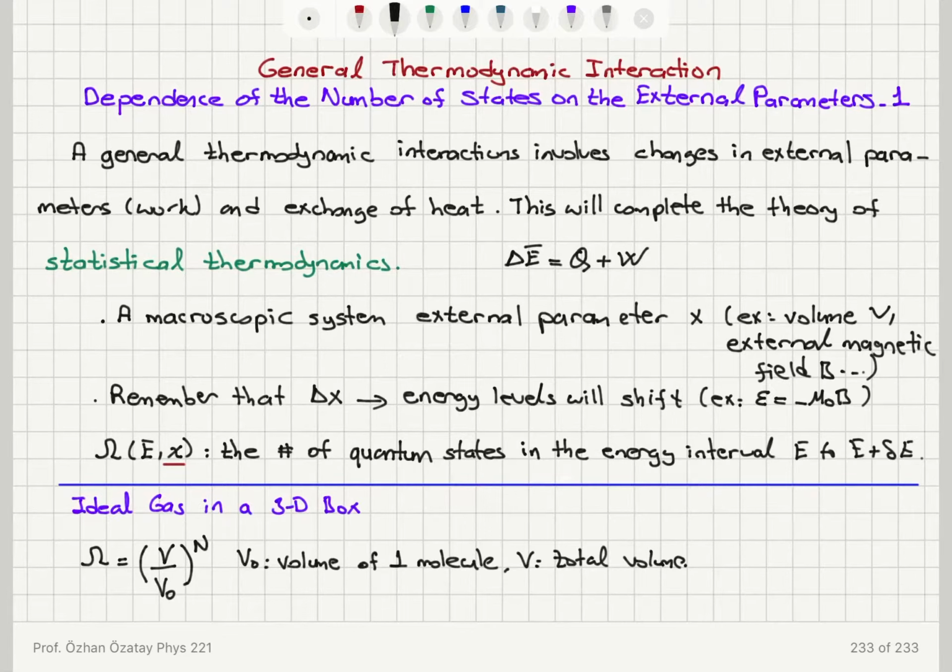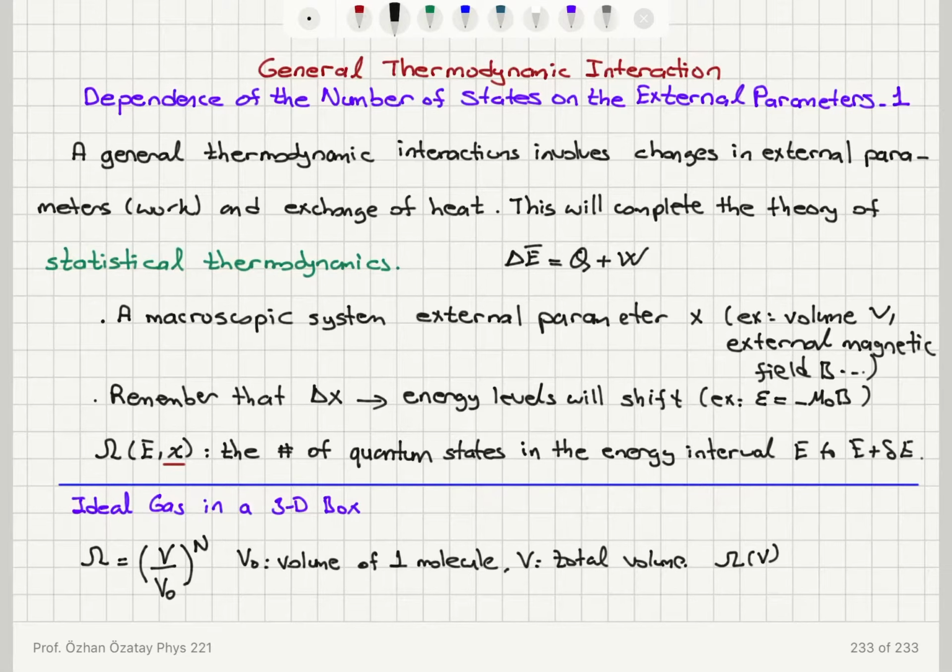So as you can see here, omega is a function of V, that is the volume of the system, which is an external parameter of the system. So the number of accessible states does change with the external parameter of the system.